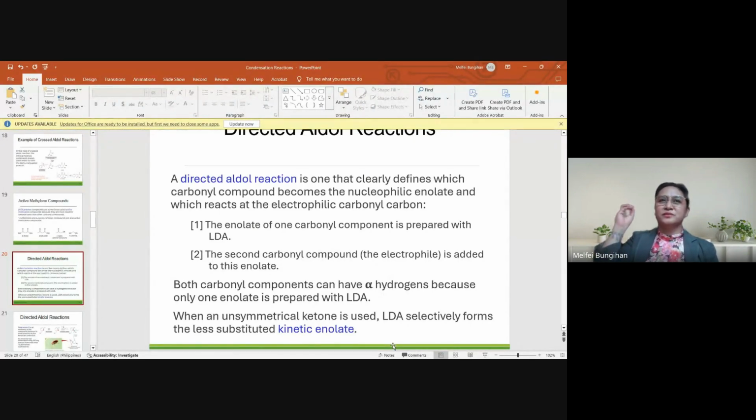They want to synthesize in such a way that they select already which one would react with the other. So when we want to direct our aldol reactions, and we want this one to be the enolate and the other one the electrophile, we have to pre-select our starting material.